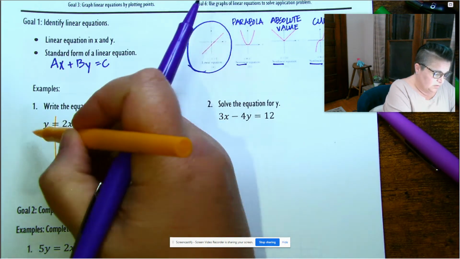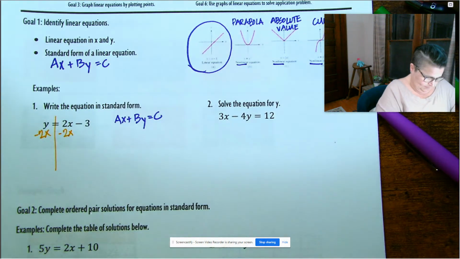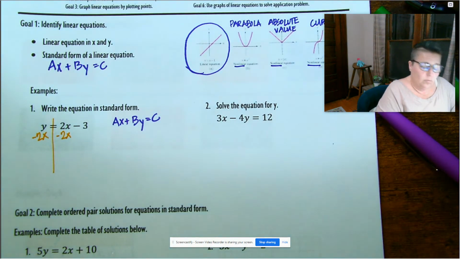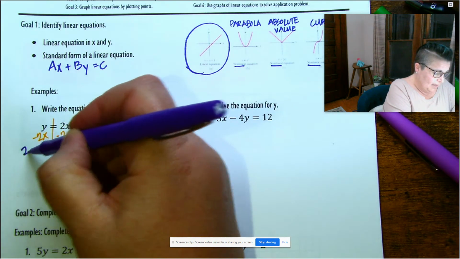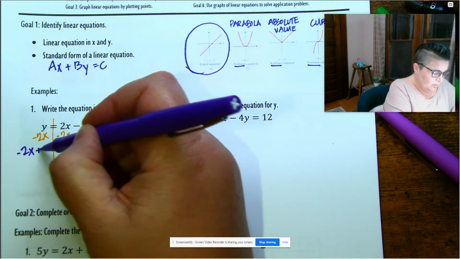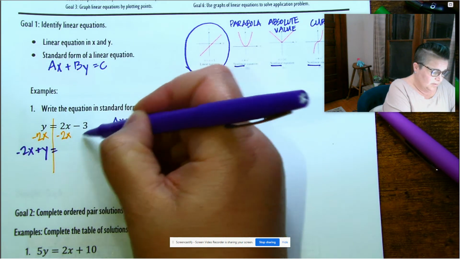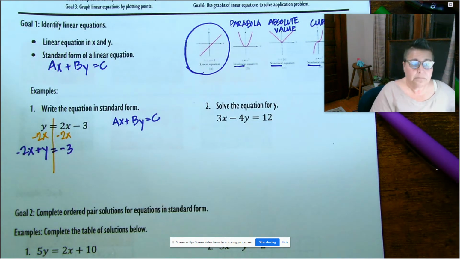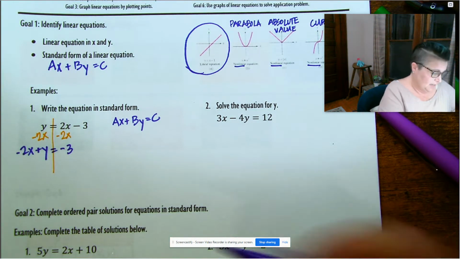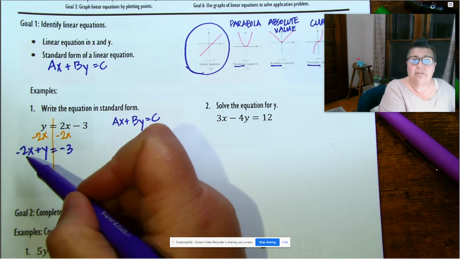So I am going to subtract this 2x. That will move it off of the right side and put it on the left side. Now I have a negative 2x plus y is equal to, and on the right side, the only thing I have left is a negative 3. This is almost done. The only part that I need to fix here is I cannot lead with a negative.